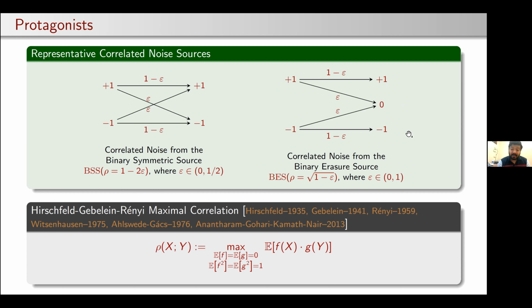And again, I'm using multiplicative notation to represent bits. In this case, the maximal correlation of a binary erasure source is actually the square root of 1 minus epsilon, where epsilon is the erasure probability. And again, I will keep highlighting this, that rho represents the maximal correlation of this source.